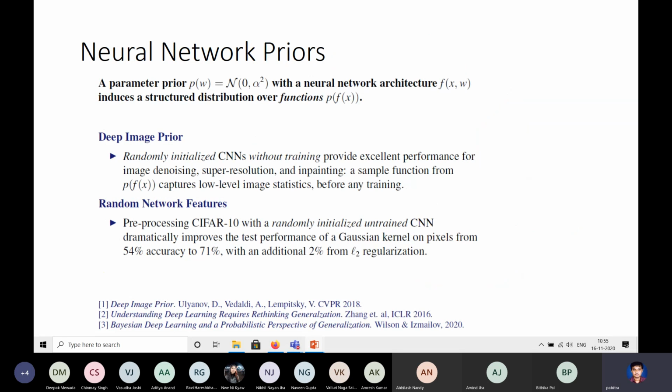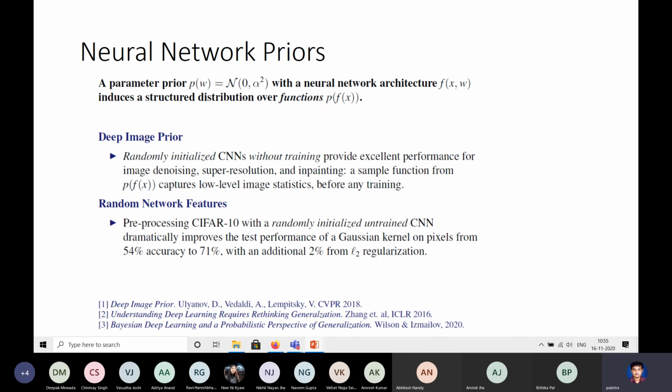There is one more way people have used it. I have so far talked only about model averaging, how to fit a distribution over W, the network weights, rather than a single weight. One more thing you can do in a Bayesian approach is to use a prior over the weights. People have used this a lot. People have defined deep image priors.